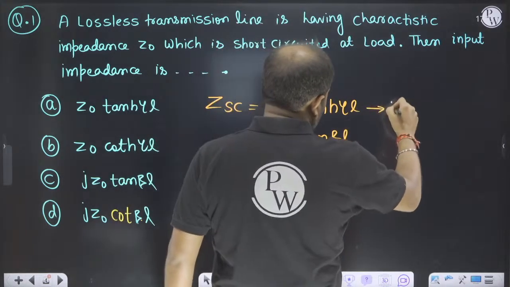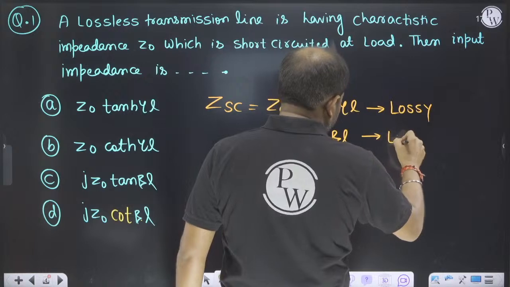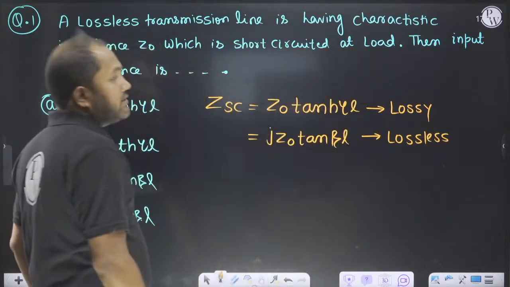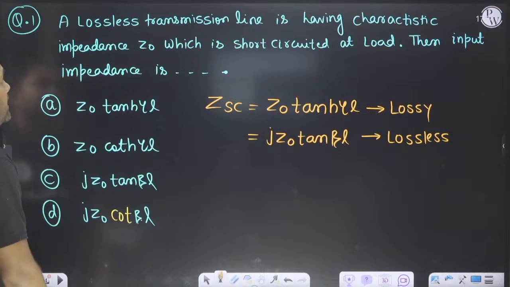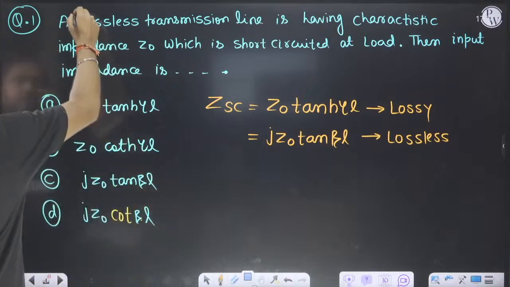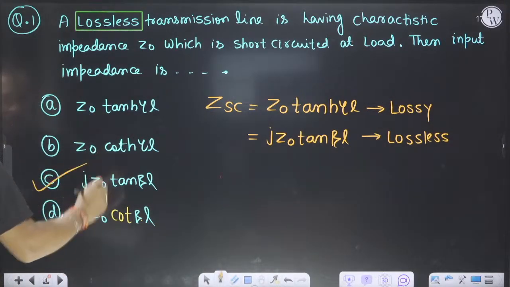So this is for lossy and this is for lossless transmission line. If nothing is given in the exam, you have to take a lossless transmission line. If something is given, you take that. Here lossless is given, so the answer will be C.